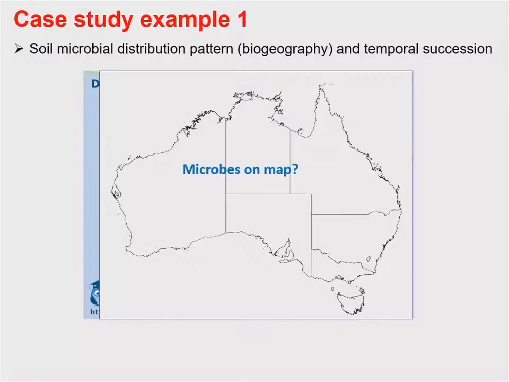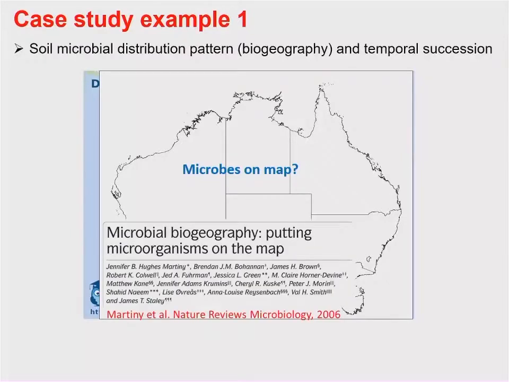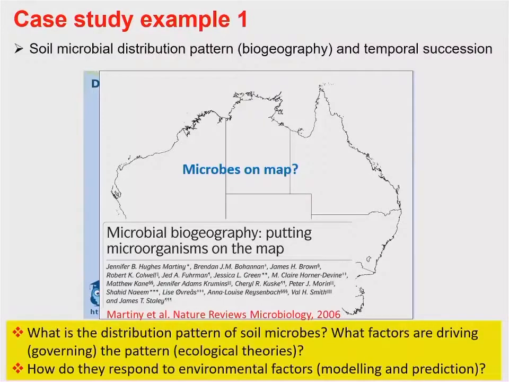This is generally called biogeography. So if we can identify those microbes in different areas and what factors or what environmental conditions are governing the distribution of the microbial community. So this is microbial biogeography. Can we put the microbes on the map?